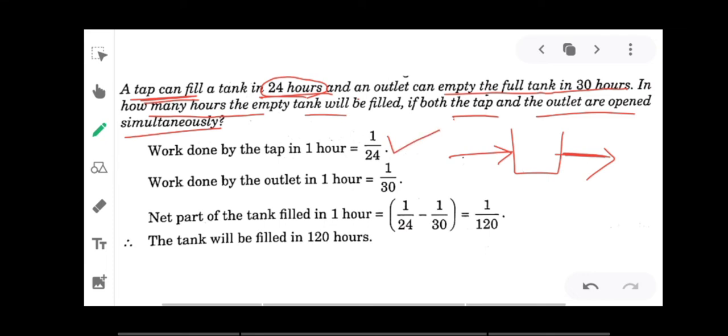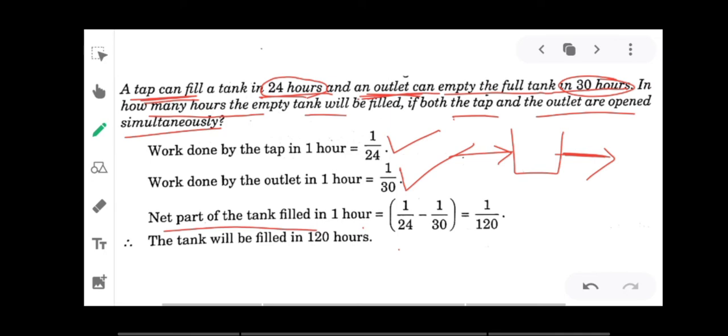Clear? And the outlet can empty the full tank in 30 hours. So work done by the outlet in 1 hour equals 1 by 30. So the net part of the tank filled in 1 hour equals 1 by 24 minus 1 by 30.